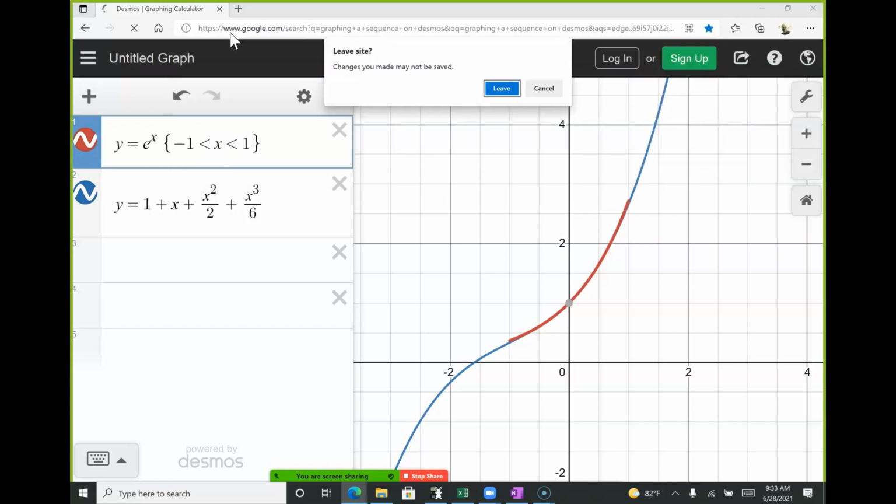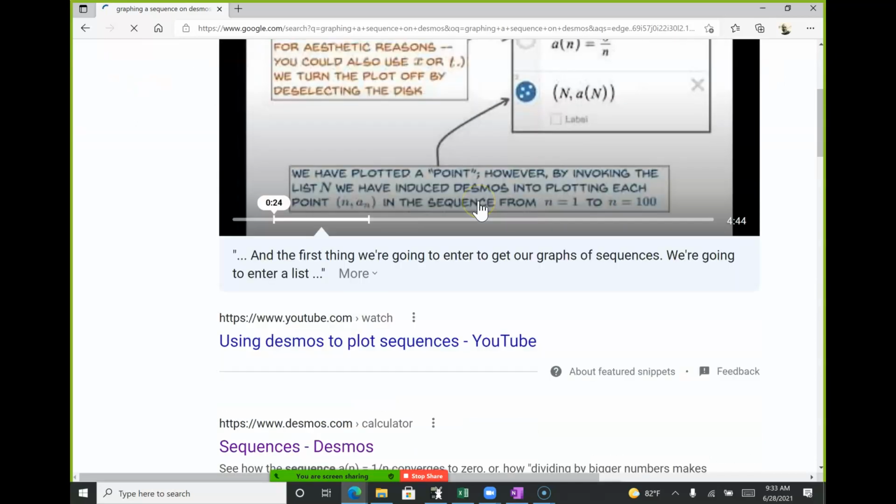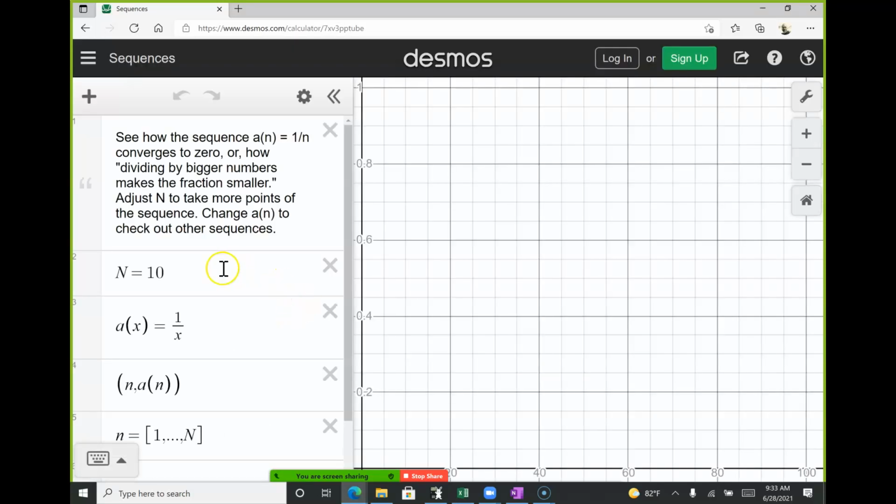So I'm just graphing the sequence on Desmos. And it usually will just send me to a general link here. And then I like to do this and then manipulate.